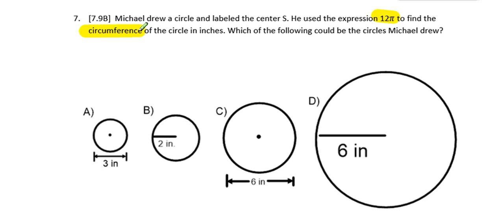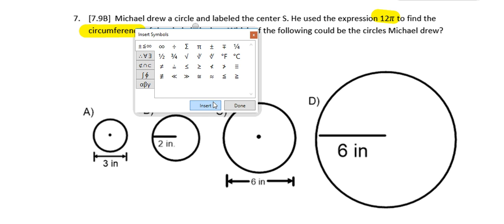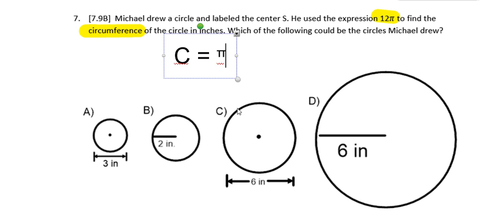Well, literally, the formula and definition for circumference is C equals pi times the diameter. I gotta make these bigger.